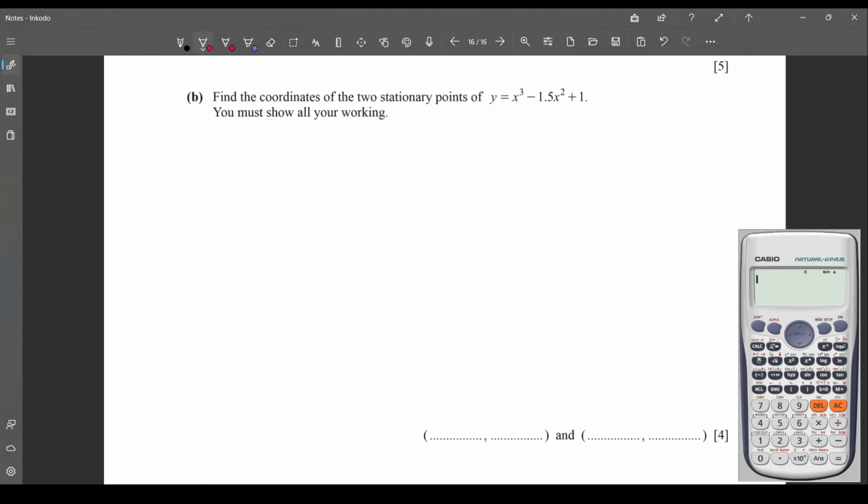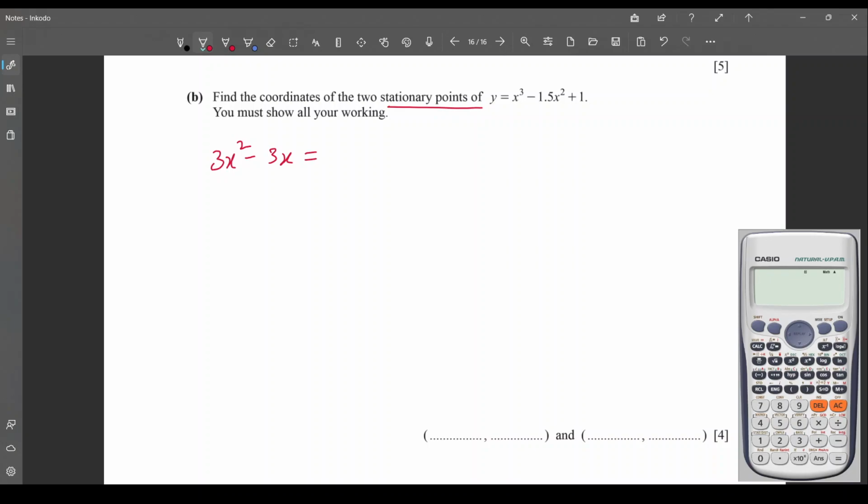This is question number 12, part B. Find the coordinates of the two stationary points. To find the stationary points, we have to differentiate the function. If we differentiate it, it will be 3x squared minus 1.5 into 2, which is 3, so 3x. The differentiation of the constant is 0.